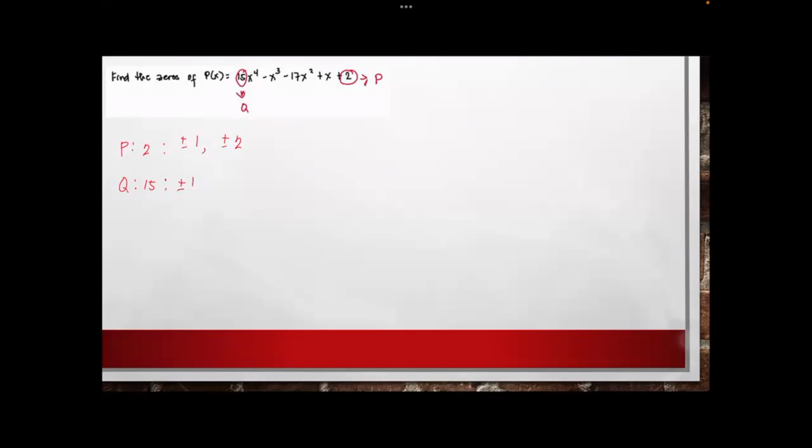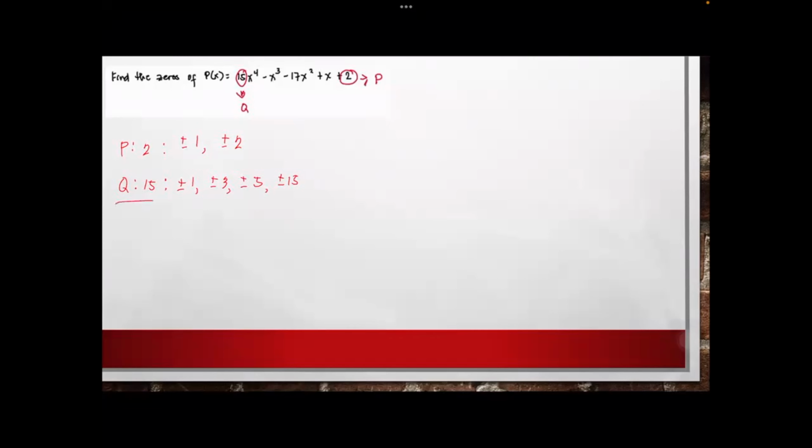Meron tayong positive 1, positive and negative 3, positive and negative 5, and positive and negative 15. So, those are the factor ng 2, 1, and 2, positive and negative. For Q, 15. Meron tayong 1, 3, 5, and 15.